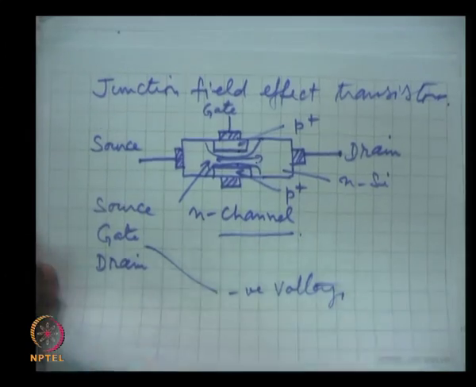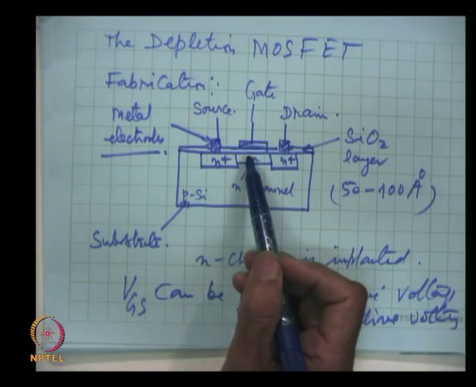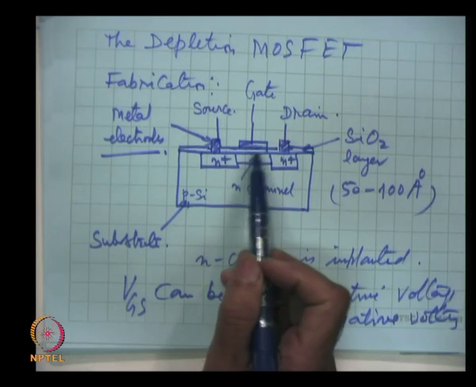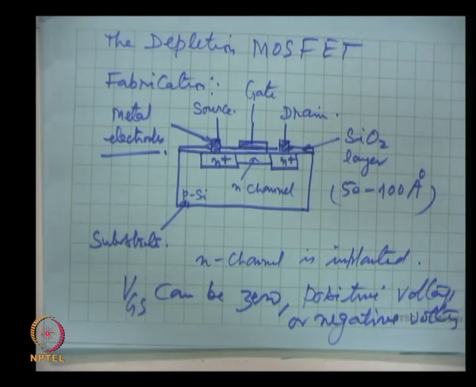In the MOSFET, there is no PN junction, hence it permits the voltage at the gate with respect to source to be either positive or negative or 0.